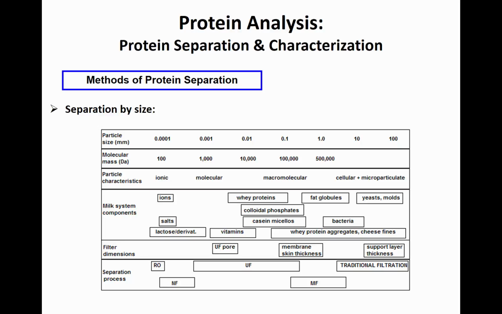So here's the size versus molecular weight and what type of particles will be separated. In reverse osmosis, you're basically separating ions and salts because they're very, very small.